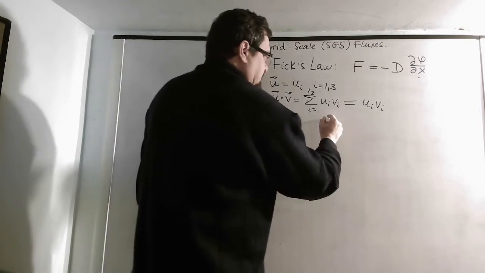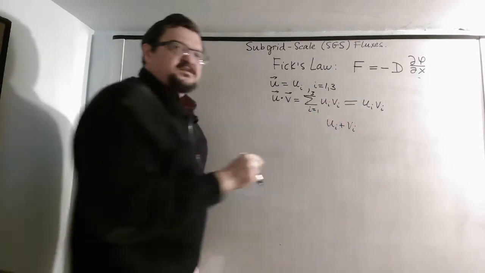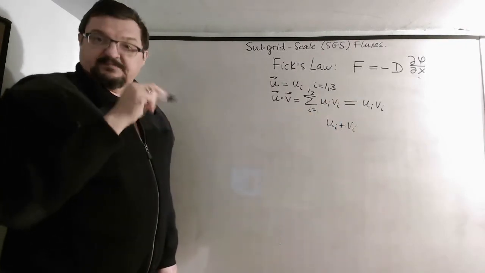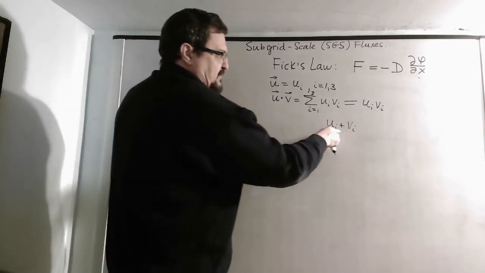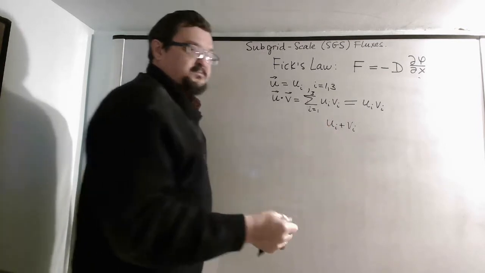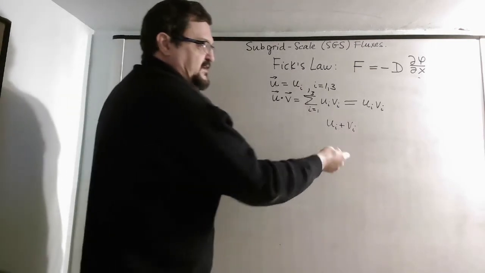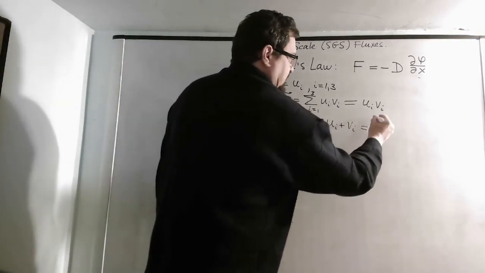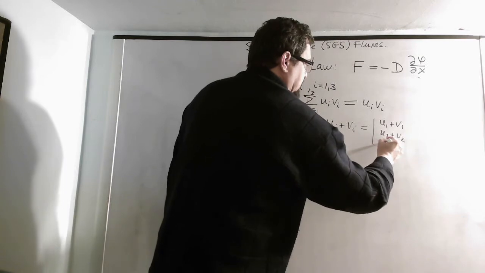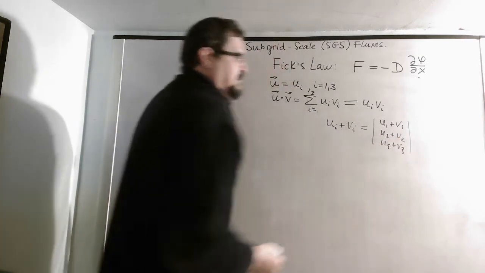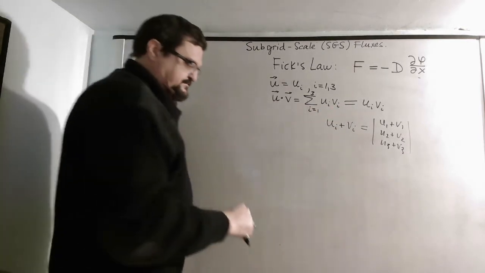But ui plus vi is different. This convention only concerns multiplication, not sums. It's just one vector plus another vector, and each component is summed up: u1 plus v1, u2 plus v2, and u3 plus v3. It's still a vector. So this convention only acts on products.